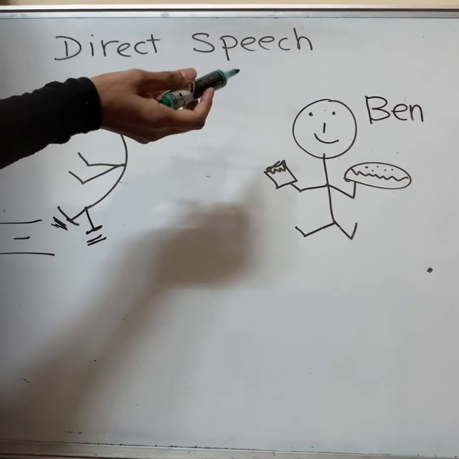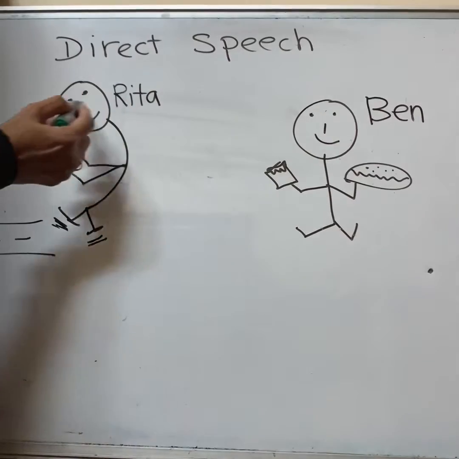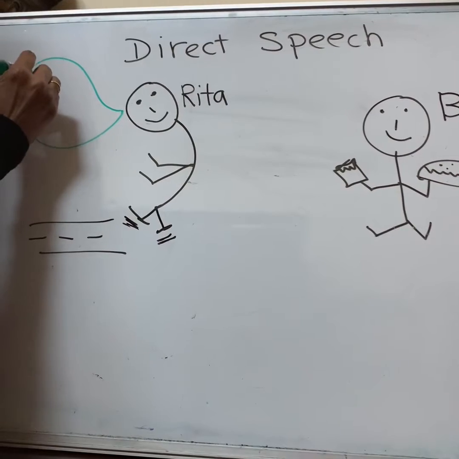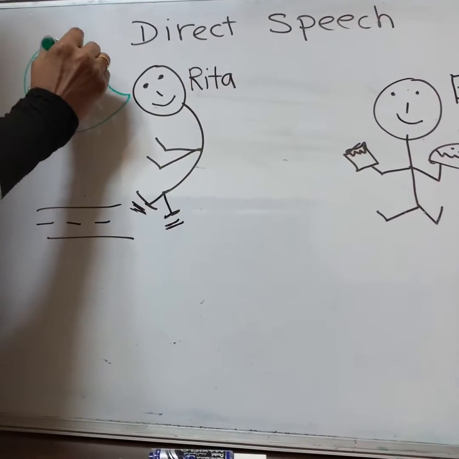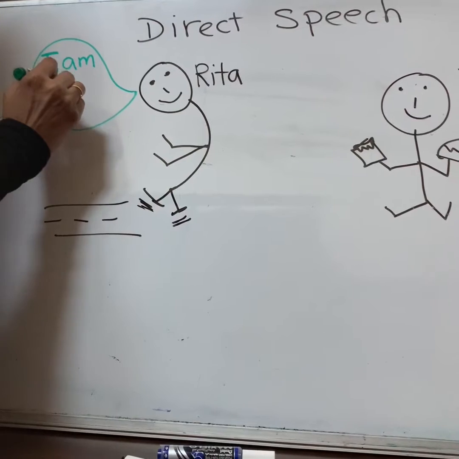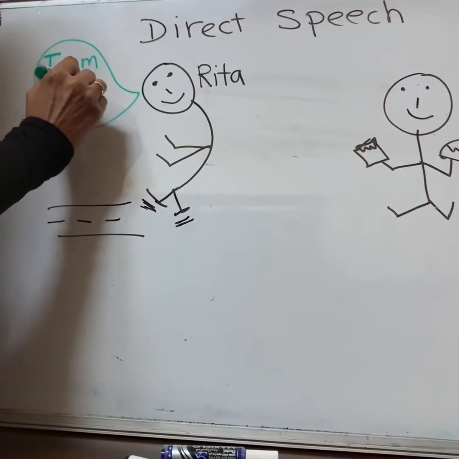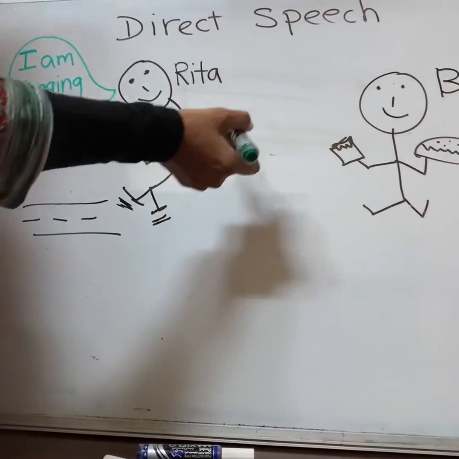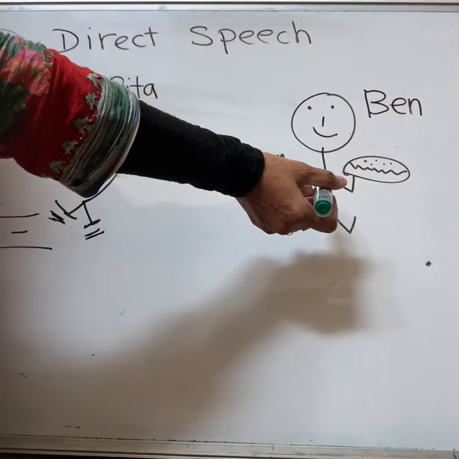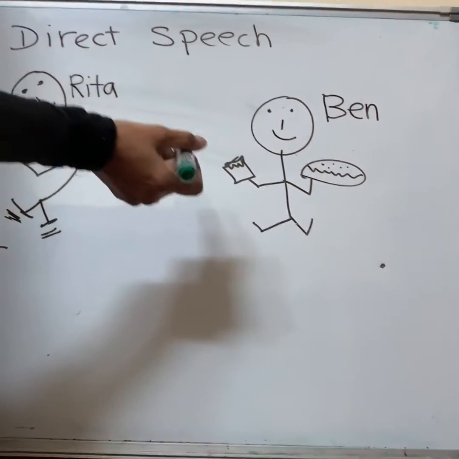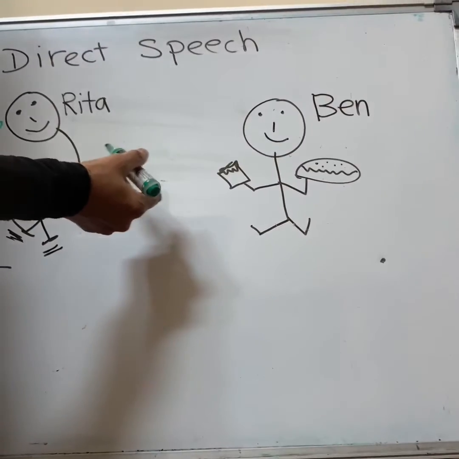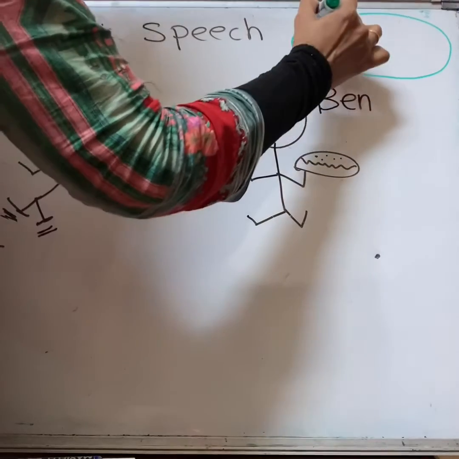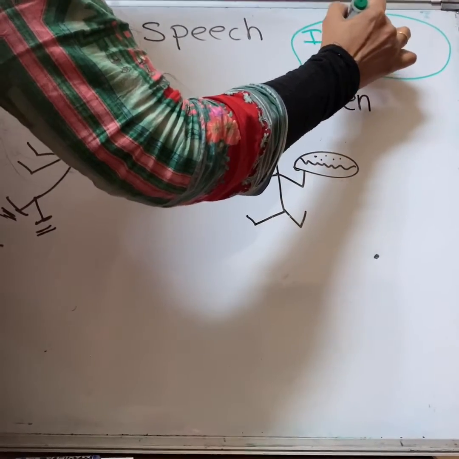So Rita is answering Ben, "I am jogging." And now Rita is asking Ben, "What are you doing?" So Ben is answering Rita, "I am eating."